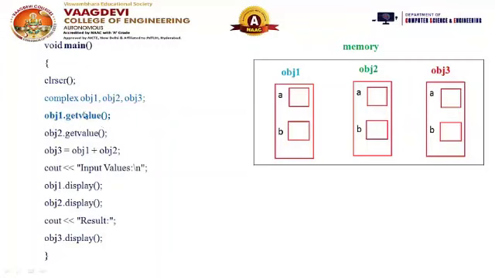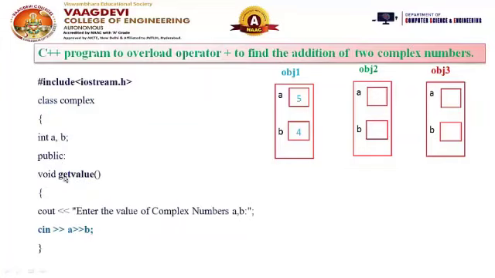Then the getValue method is invoked by using the object obj1. So the control goes to the getValue method definition. The control enters into the getValue method. By using the cout object, it prints the data on the monitor.